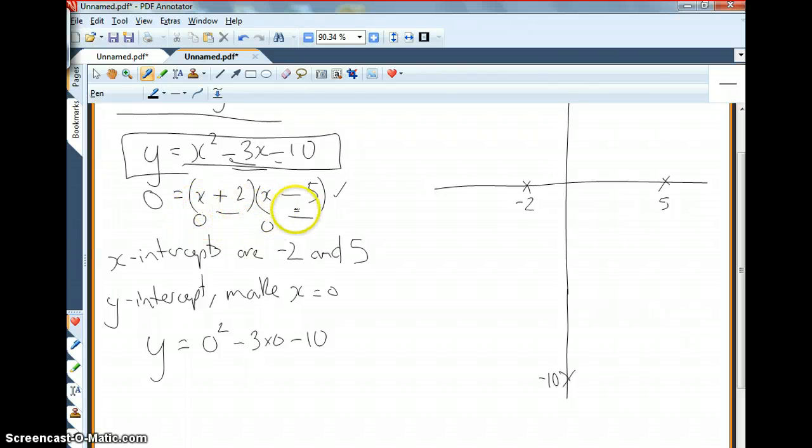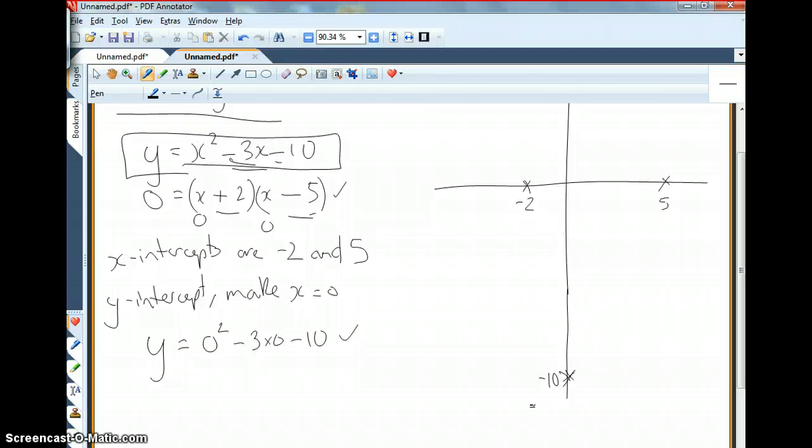It does. 2 times minus 5 is minus 10, so I'd get the same answer in both equations. It's a good thing. So we've got two x-intercepts, a y-intercept, and what's the third point that we want to plot?